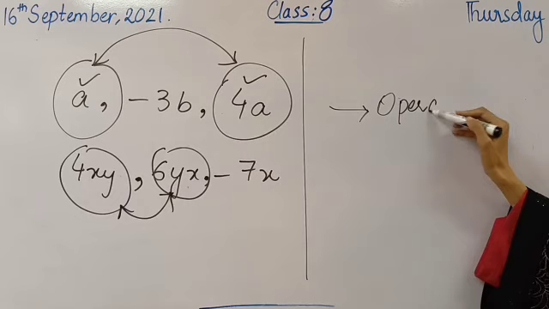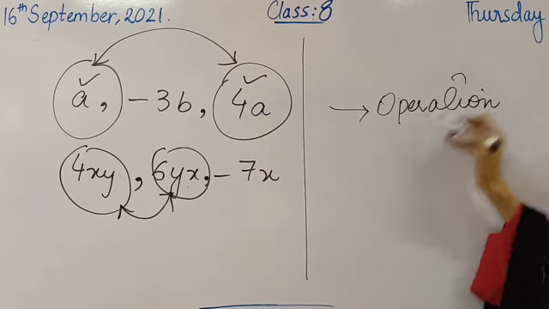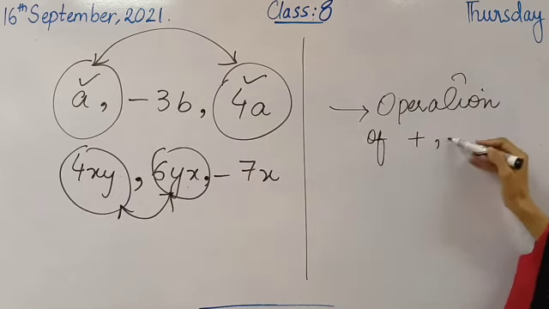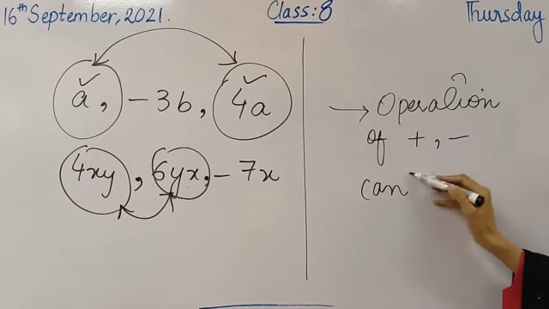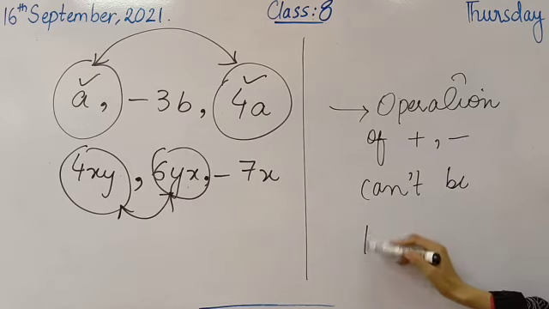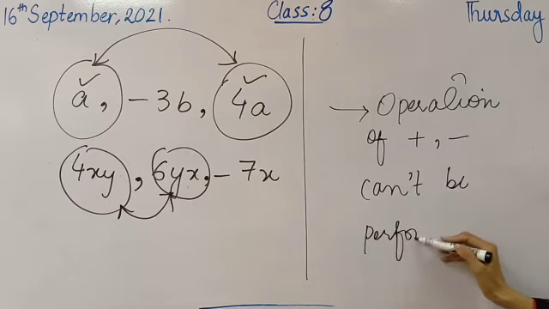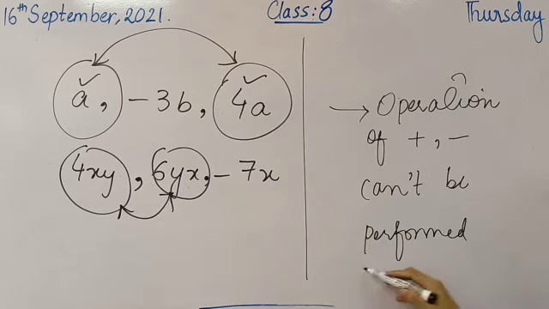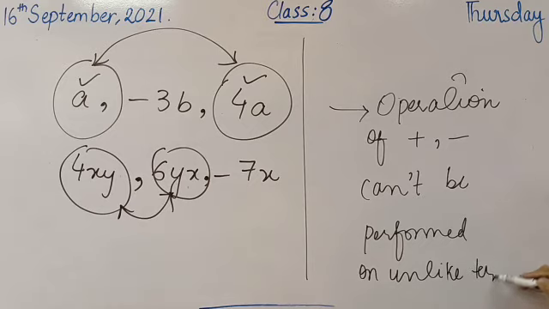To perform these operations, terms must be like. But we can perform the operations of multiplication and division on unlike terms. Is it clear, students?